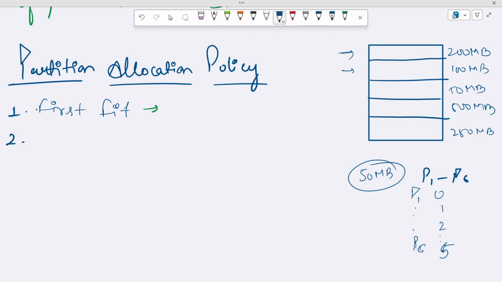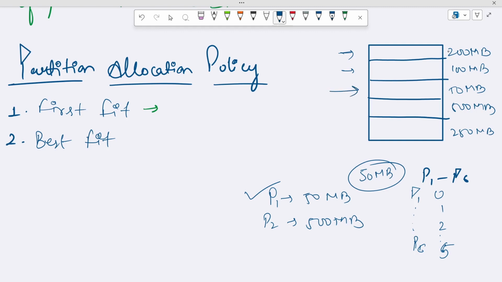Now the second is called best fit. What does best fit mean? Say P1 needs 50 MB of space and P2 needs 500 MB. P1 goes to the block which is 50 MB in size, or the closest fit, so that there is very little wastage of memory.